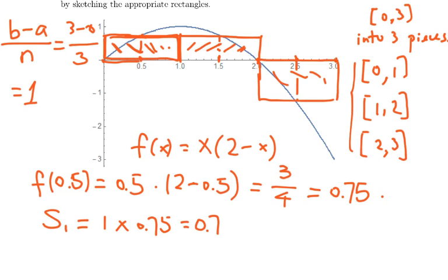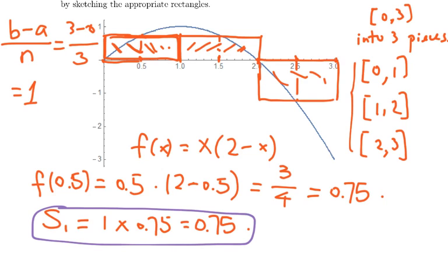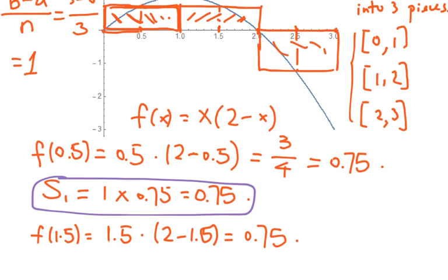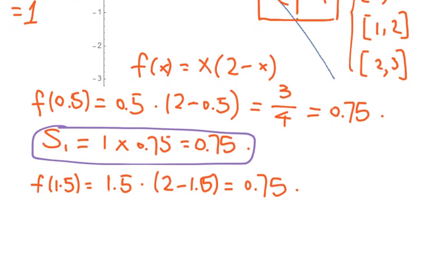We first find the function value at the midpoint, that is f(1.5) equal to 1.5 times (2 minus 1.5). This is equal to 0.75. So the area of the second rectangle is equal to the base, which is 1, times the height 0.75, equal to 0.75.